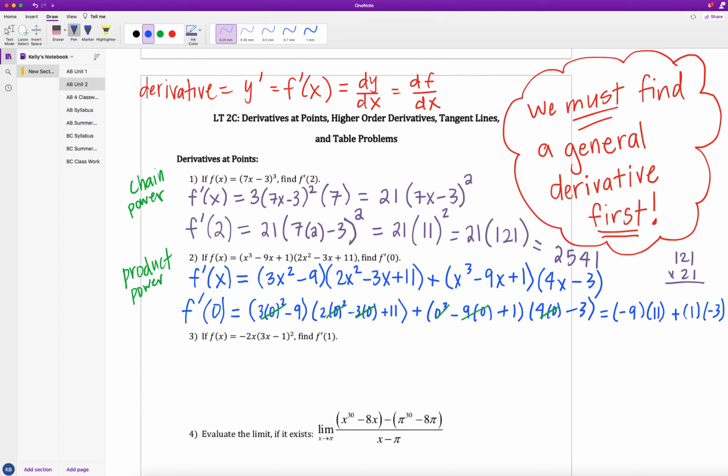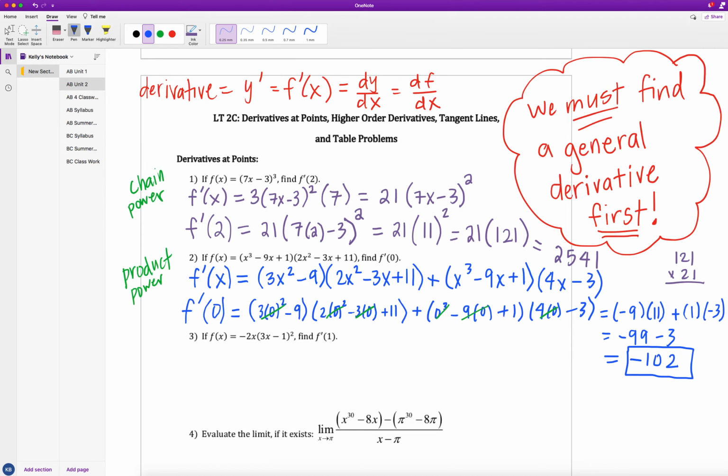We can simplify this further by multiplying each pair out, so I get negative 99 minus 3, and we end up with negative 102. And that is equal to our f prime of 0.